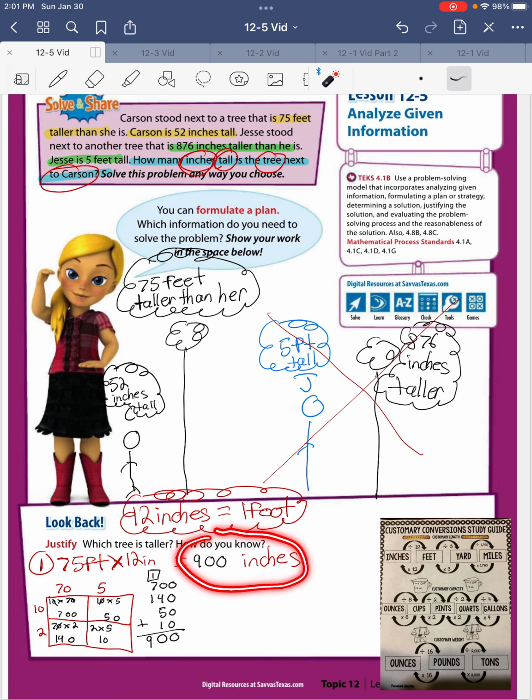So now I know it's 900 inches taller, but I need to see exactly how tall the tree is.